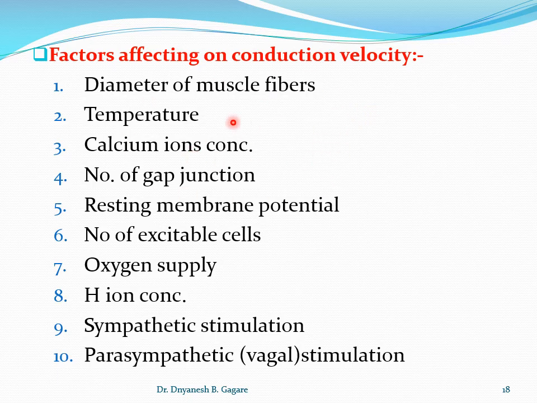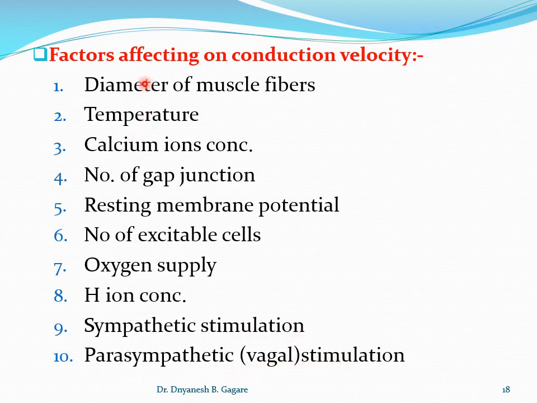So at that time you write the factors affecting conduction. Here: the diameter of the muscle fiber, body temperature, calcium ion concentration, number of gap junctions, resting membrane potential, number of excitable cells, oxygen supply, H ion concentration, sympathetic stimulation, and parasympathetic stimulation.